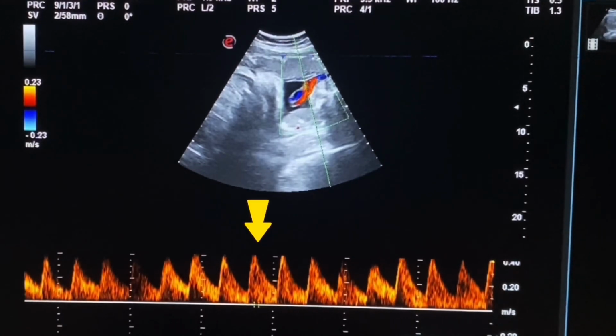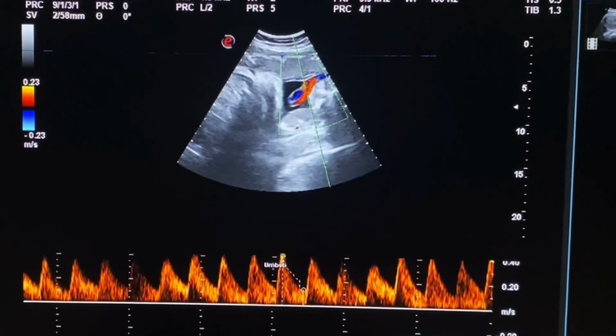Now on power Doppler, we will take the systolic and diastolic measurement. The color Doppler machines automatically give the systolic and diastolic ratio. The systolic diastolic ratio should be less than 3 in third trimester. Now how will we write the report?